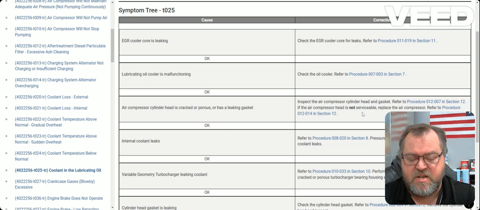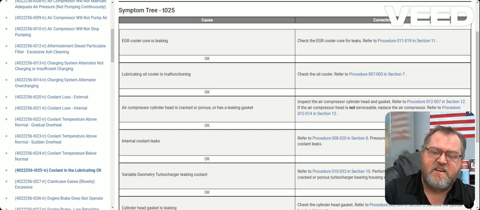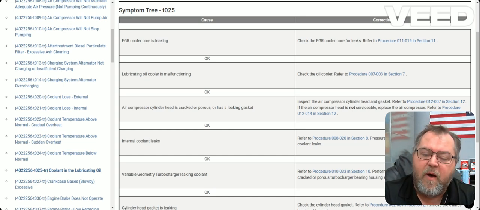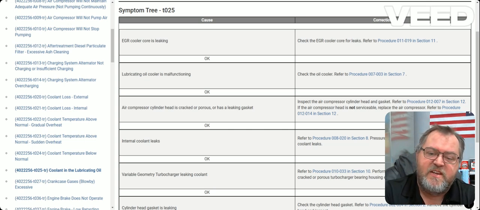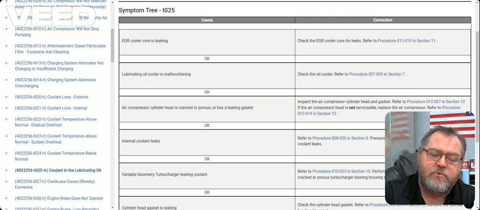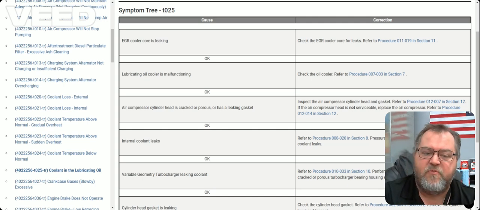I understand that some of you that are watching may not have access to service manuals like the one I'm showing you guys. You may not have access to the test plates and stuff that would help you do these tests. So everything I'm telling you may not be extremely helpful depending on your circumstances, but to be a really good diesel technician, you need to have the tools and the training and the access to this information.